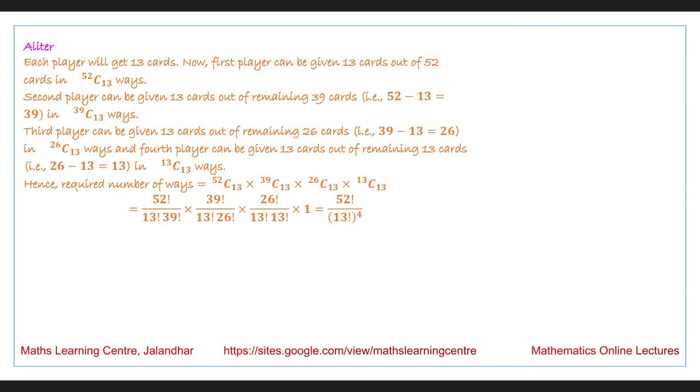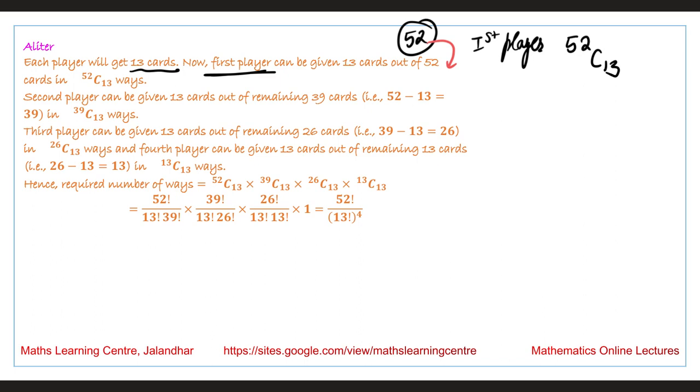Now another way to solve this is: each player will get 13 cards. If we talk about the first player, we have 52 cards, and there are 52C13 ways in which he can get the cards. Once this player has received the cards, since it is in order, we are left with 39 cards.